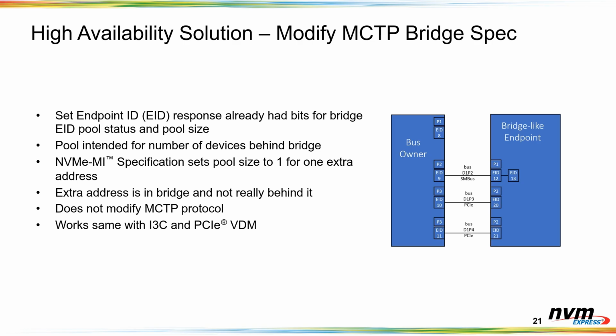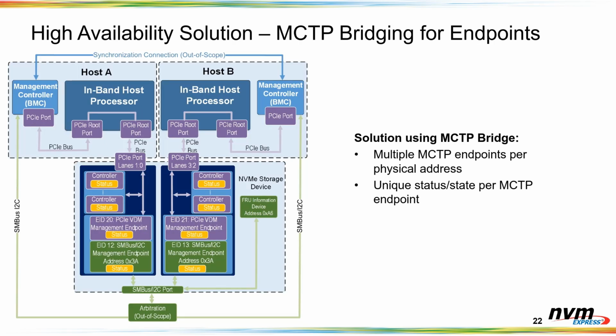But I just wanted to clarify here that it doesn't change the MCTP protocol at all. And it's not really a bridge, but it uses the same mechanism as a bridge. This is to make SM bus work, but it works the same with I3C and with PCI VDMs and other MCTP bindings. So let's look at the next picture and see how this gets used.